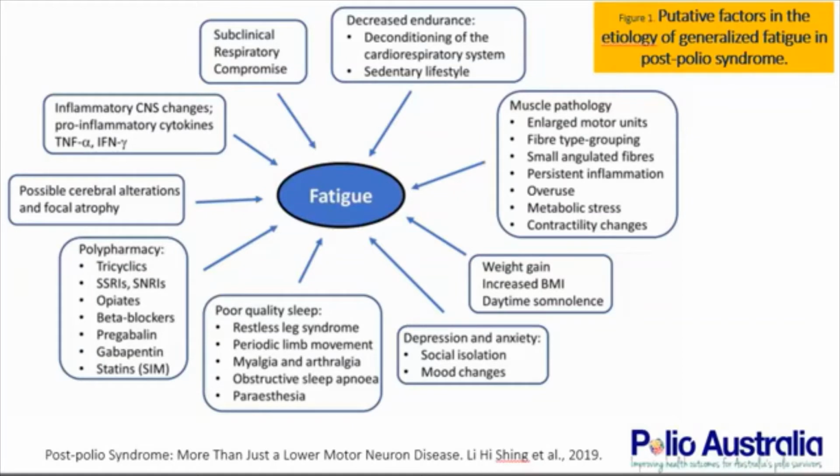It's worth noting that one of these bubbles on the side around fatigue could be the main driver of fatigue for a polio survivor. Or it could be many of these factors having a small part, but resulting in quite significant fatigue. It could be any mix of combinations.